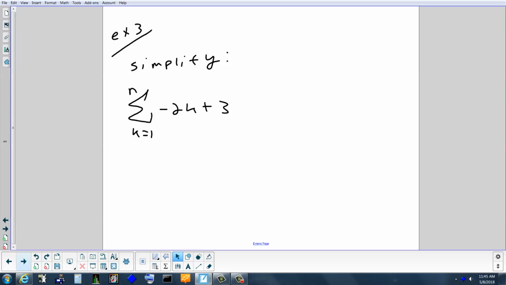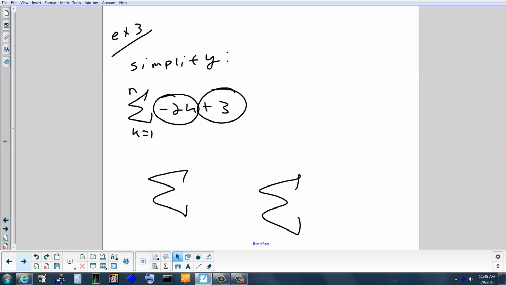So that's going to be my first one. That's going to be my second one. So we're going to have 2 of these. They're both going to start at 1. They're both going to end at n. That never changes. You don't even have to worry about the k equals 1 and n. You just copy those down.